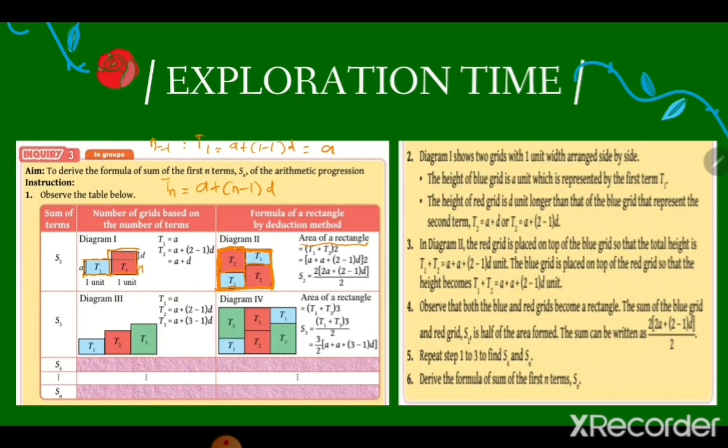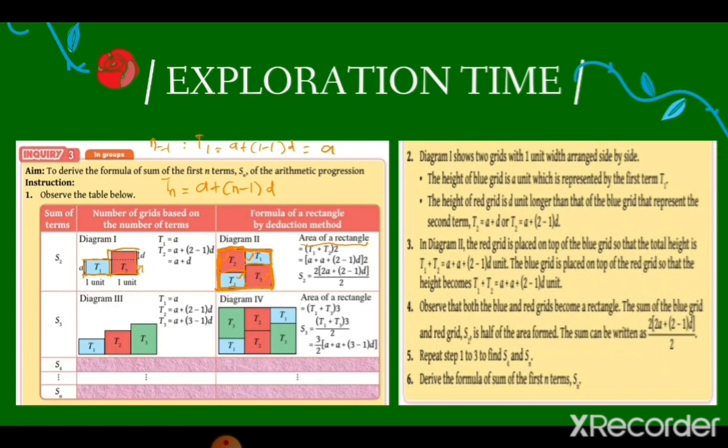So basically, the area of the rectangle is actually 2 times the first term plus the second term. Of course, because initially we have only the first term and the second term, but in order for us to produce a rectangle, we need another addition of the first term and second term. So we have twice the first term and the second term.